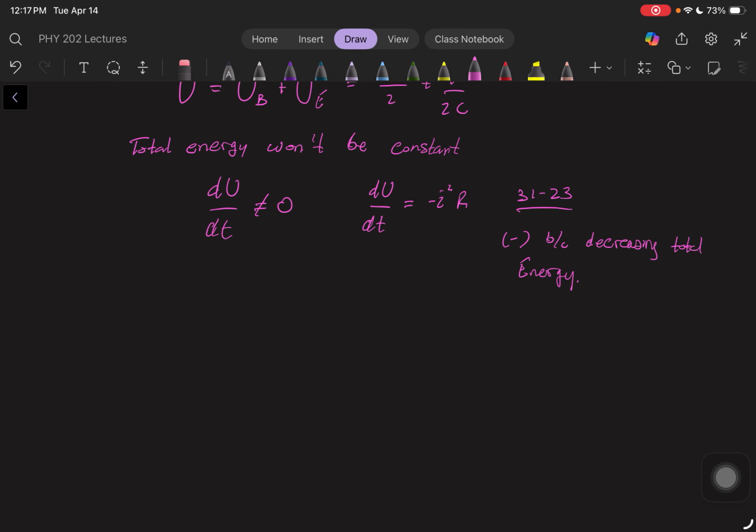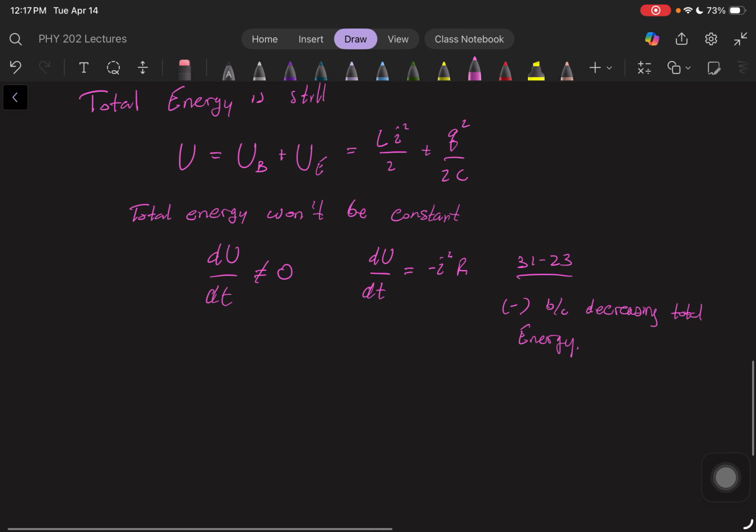Okay. And so we can go ahead and take the derivative of this equation, which I think is 3122. If we take the derivative of 3122, we get dU/dt is equal to, right? I'm not going to bother writing this out.